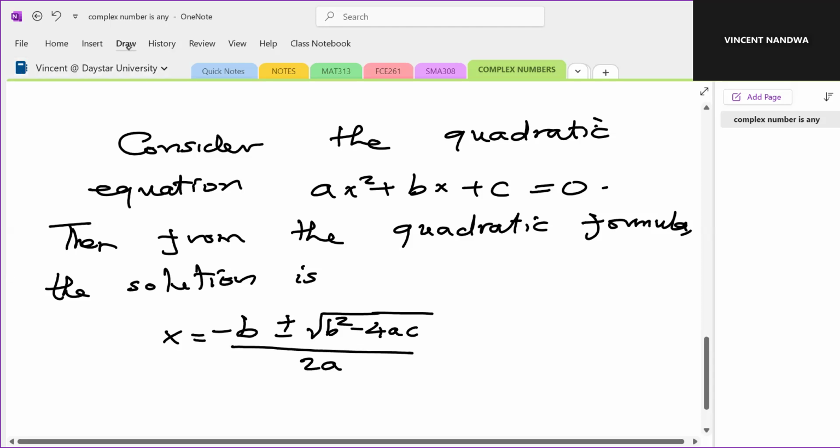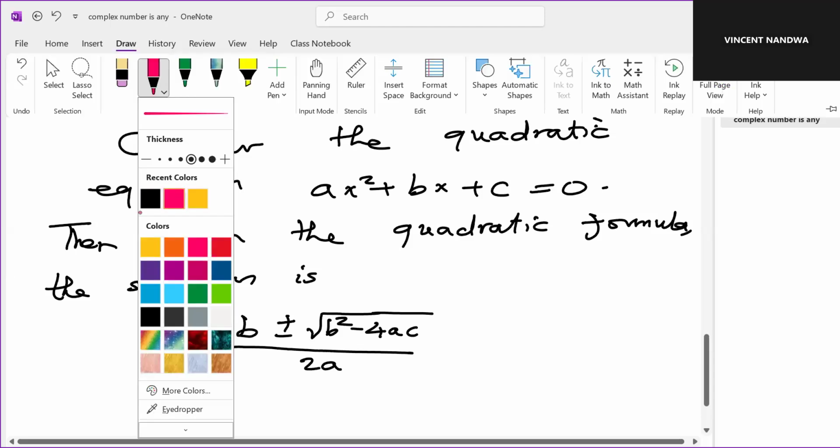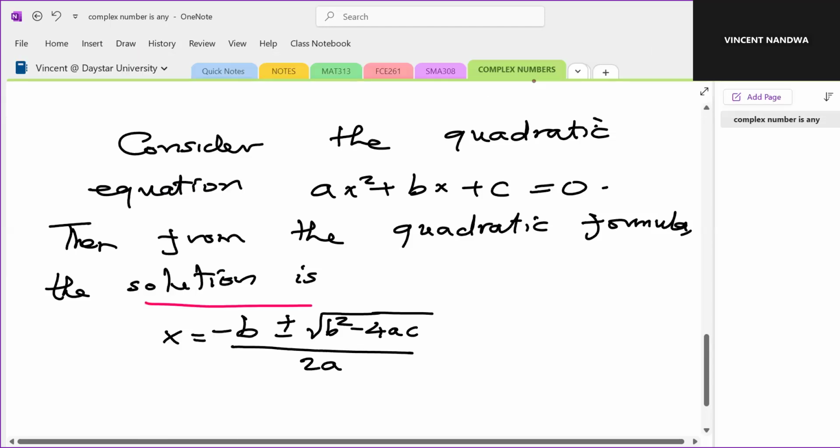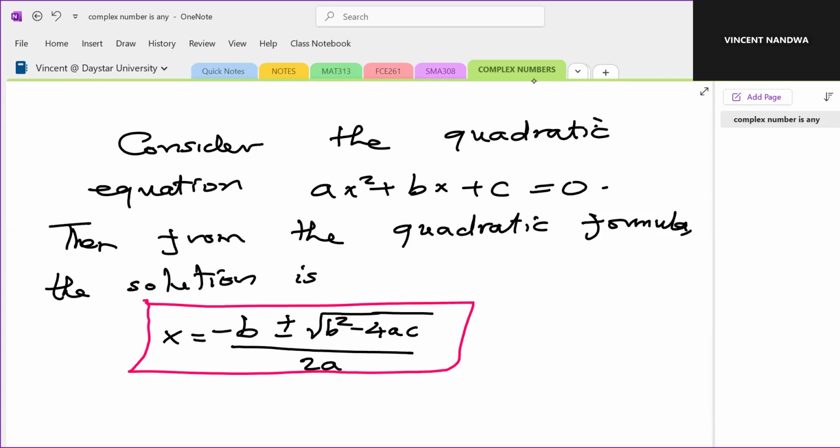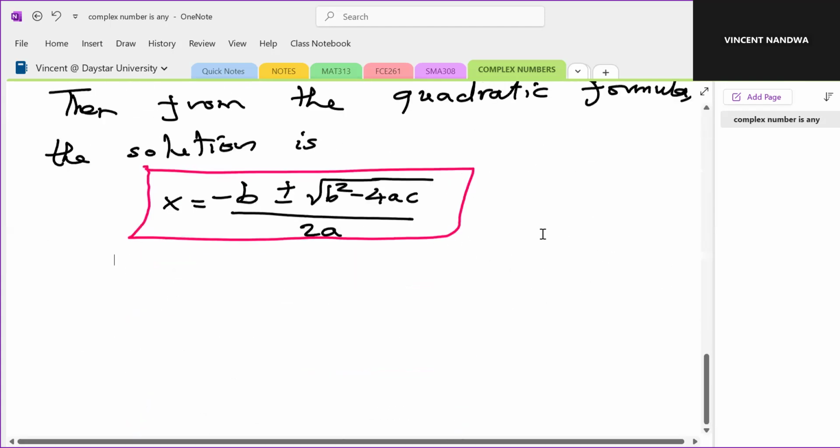This we know from our Form 3 work, that to solve a quadratic equation of this form, x is given by this formula.